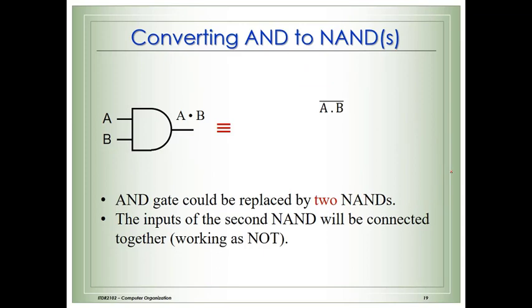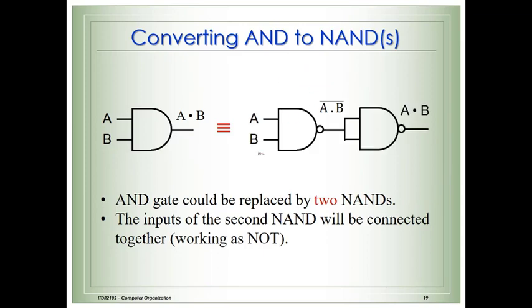So one AND gate can be represented by using two NAND gates. Here you are passing A and B to the NAND gate, and you will get A NAND B. Then A NAND B goes to both inputs of the second gate, and as I just wrote in those equations, you will get only A and B. It means that one AND gate could be replaced by two NAND gates.